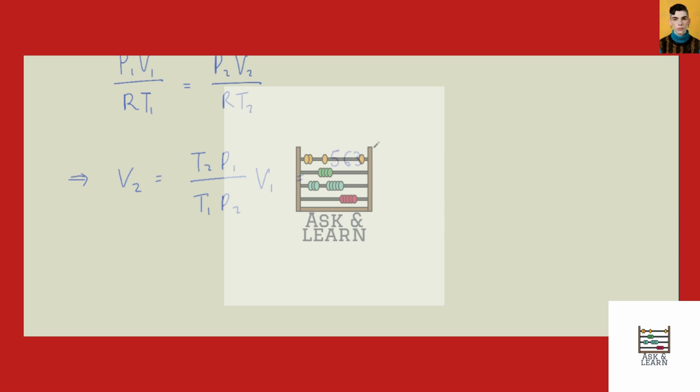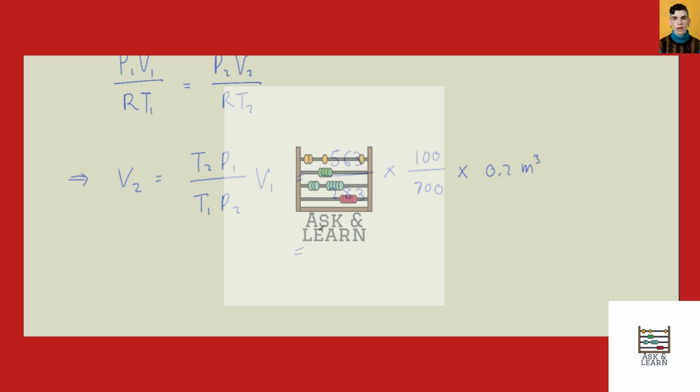So our temperatures are 563 Kelvin finally and 283 initially, times the ratio of the initial pressure to the final pressure, which is 100 kilopascals to 700 kilopascals. And that's times the initial volume of 0.2 cubic meters.